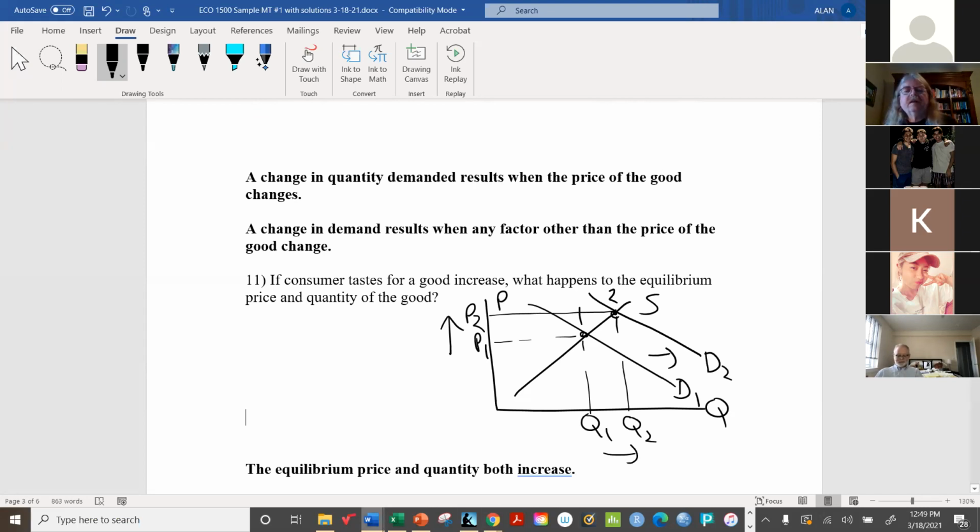And so you can see the equilibrium price and quantity both increase. I'll just add this last bit because the demand for the good increases. I've shifted the demand curve to the right. And you can plainly see that at the new intersection point with the supply curve, the price has gone up and so has the quantity.